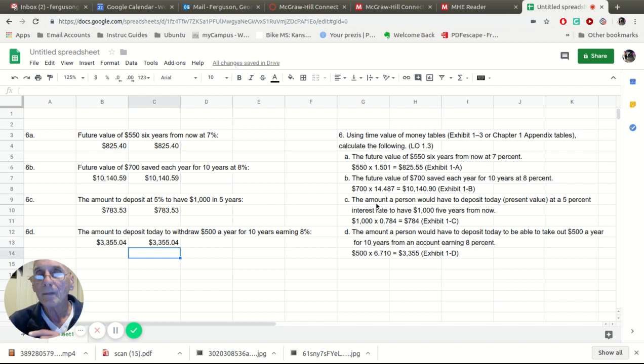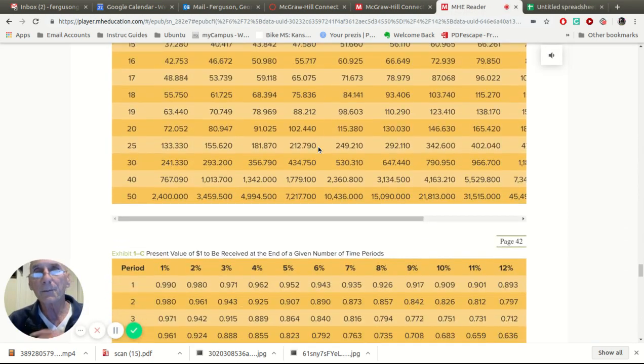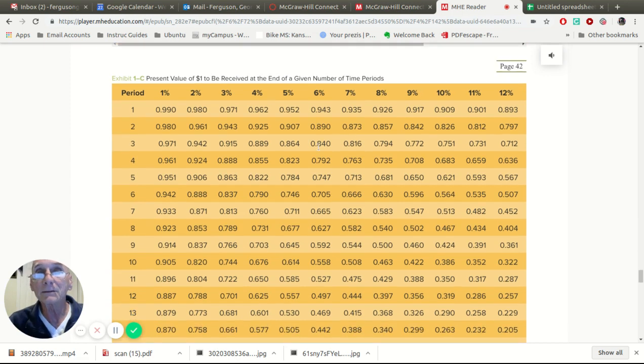Now, if you're going to find the present value, in C, it's saying, okay, how much do I have to put away today? The present value. If I'm going to get 5% interest and I want to have $1,000 5 years from now. So what you do is you go to the tables, you go to table 1C, the present value of a single amount.